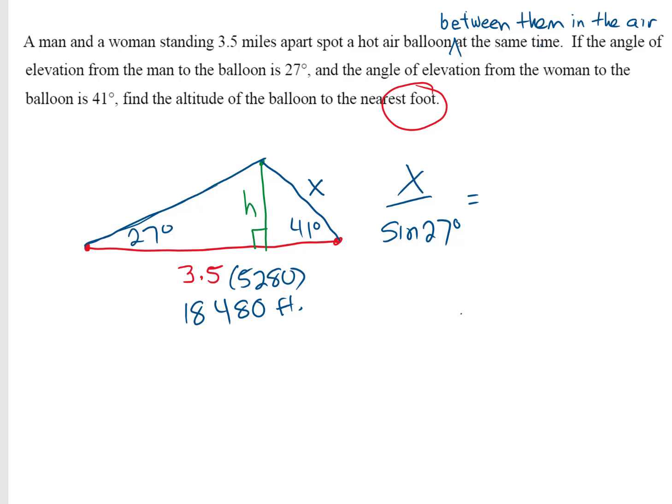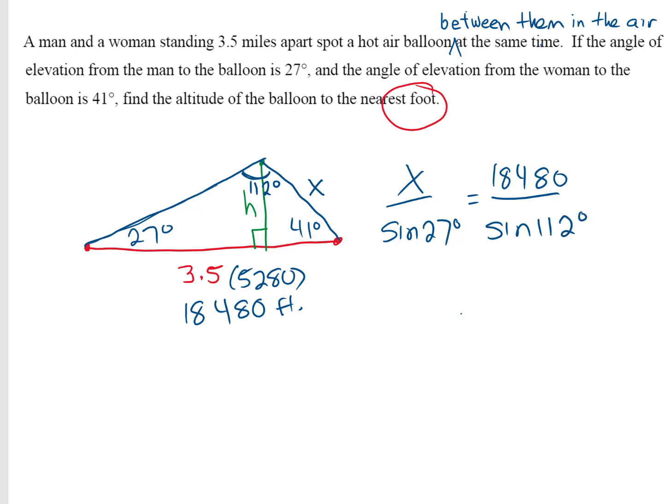We have 18,480, but we don't have this angle up here, but we could find it because we have the other two. So 180 degrees minus 27 minus 41 will leave us with 112 degrees. So now we do have an angle side opposite pair, 18,480 over sine of 112.